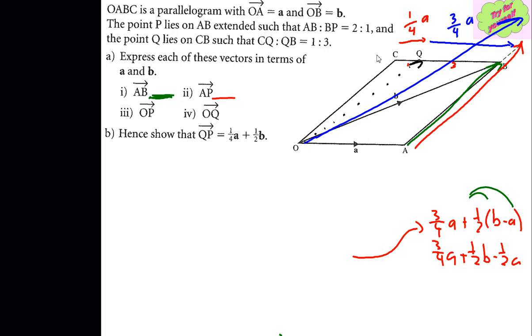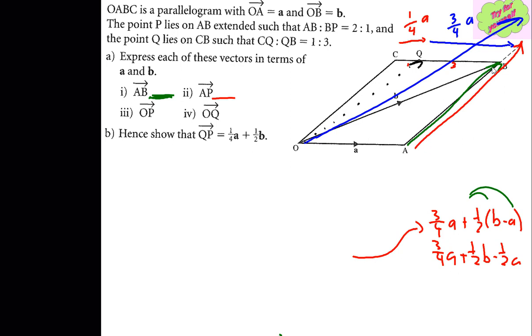Okay, so the point P lies on the line AB. Where's the line AB? AB is here. The point P lies on the line AB, so somewhere on here, such that the ratio of AB to BP is 2 to 1.